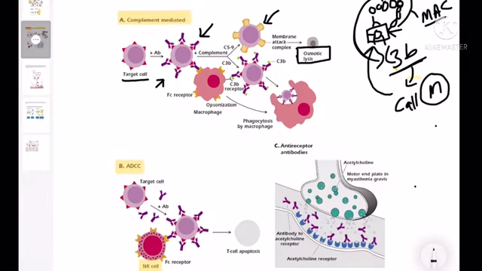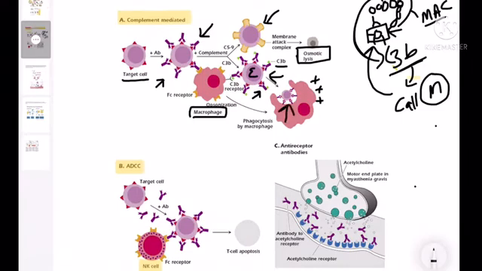Same here. So this one is the macrophage, this one is the effector cell or the target cell, this is the antibody, and here bind the green ones, they are the C3b complement. So the C3b allows the macrophage to come more rapidly and to engulf this cell.